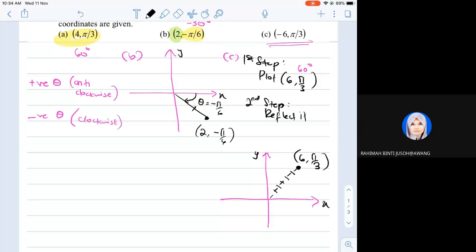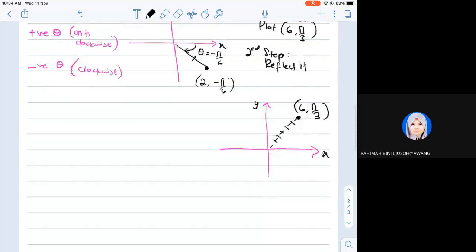So you reflect kat sini, which means the location of this coordinate should be in which quadrant? Quadrant 3. Yes, third quadrant. So this is the coordinate negative 6, pi over 3.